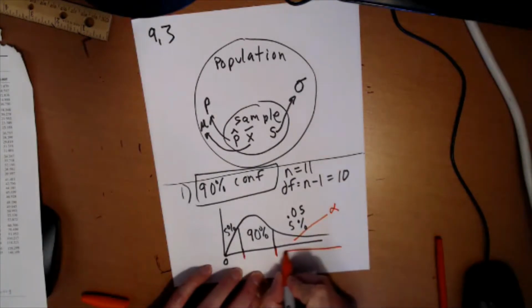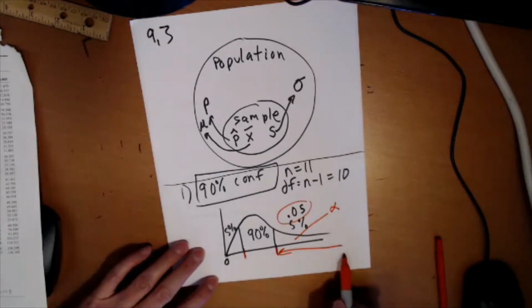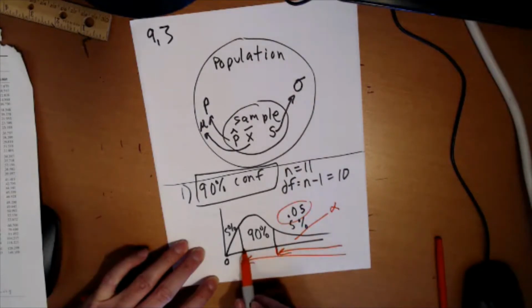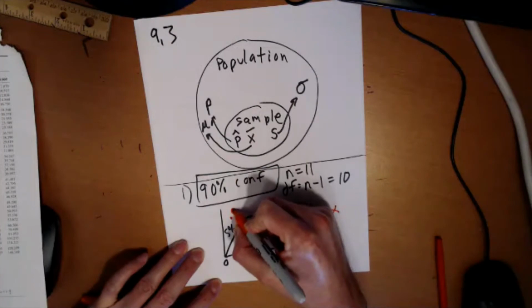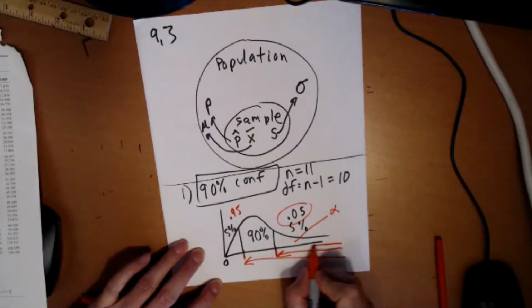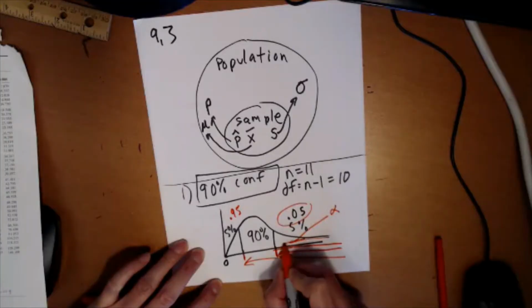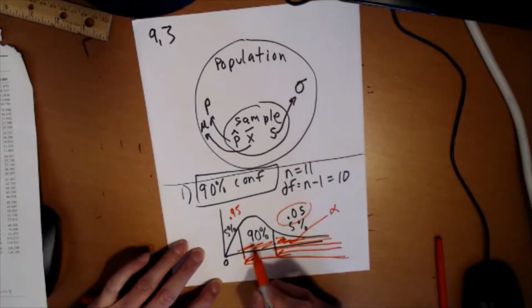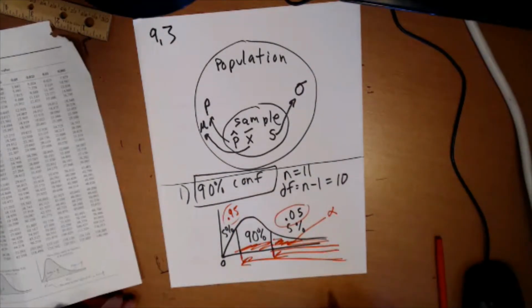If I go from here to here, I've covered 0.05. And if I go from here to here, how much did I actually cover? The 0.05 and the 90%. So this is going to be 0.95. A little weird. To get from here to here, I went through 5%. And to get from here to here, I went through the 5% and the 90%, which is 95%. So you're going to see that that corresponds.